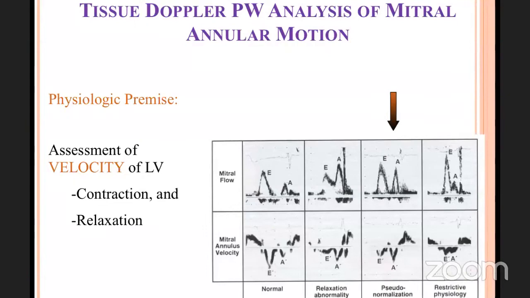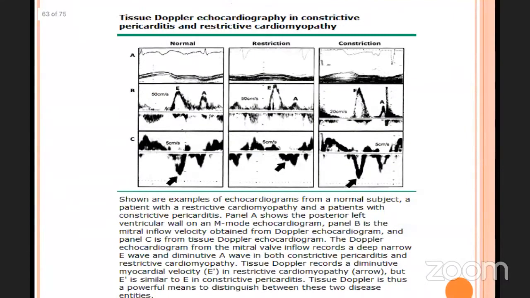So in a patient with restrictive cardiomyopathy, here it is in the second form. First one is normal, second one is restriction, third one is constrictive pericarditis. You will find that in restrictive cardiomyopathy, the E wave velocity is markedly reduced, whereas in constrictive pericarditis, the E wave velocity is markedly increased, more than normal.